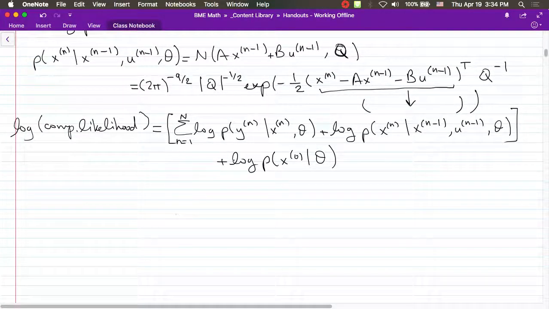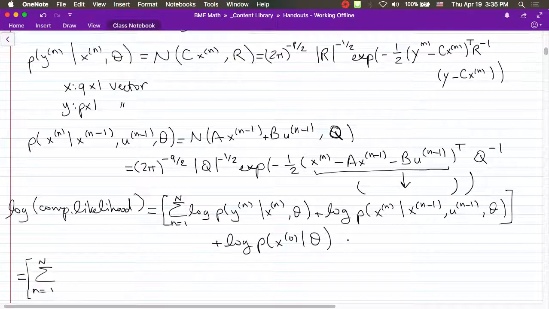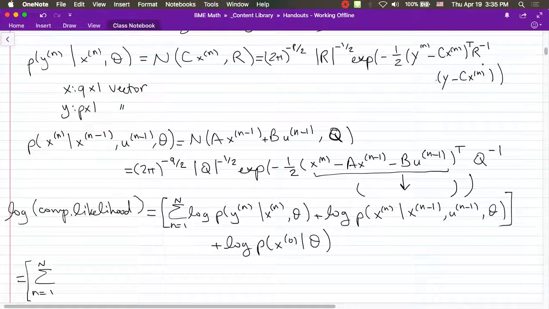Okay, so I had written the expression for this. This is that normal distribution. This is another normal distribution, and this is a third normal distribution. So we're going to find logs of those normal distributions. So this is equal to sum, all right, so log of this first term, p of y, log of this quantity here.